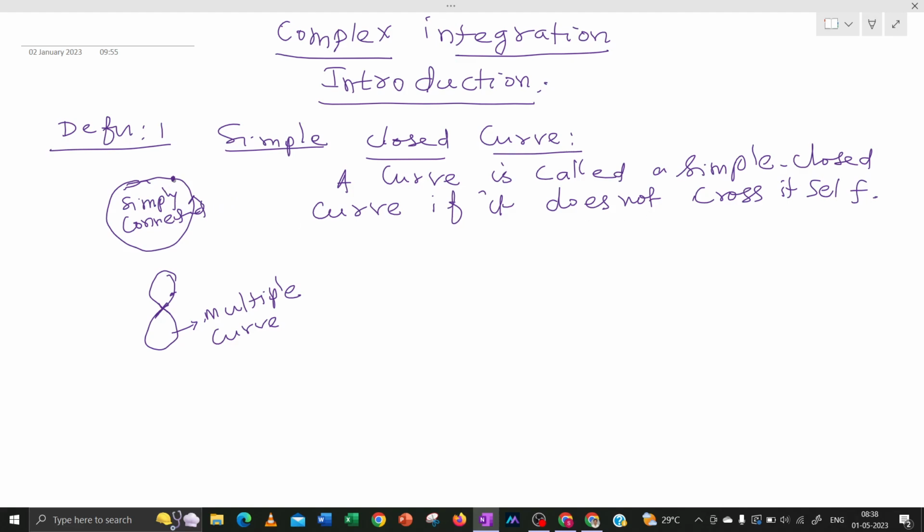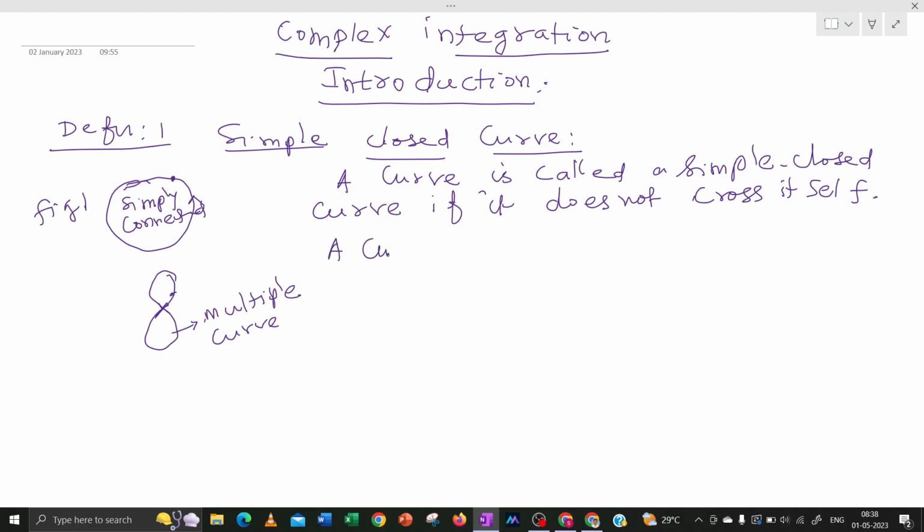So here, see figure 1. In figure 1, the curve does not cross anywhere. So this type of curve is known as a simply closed curve.